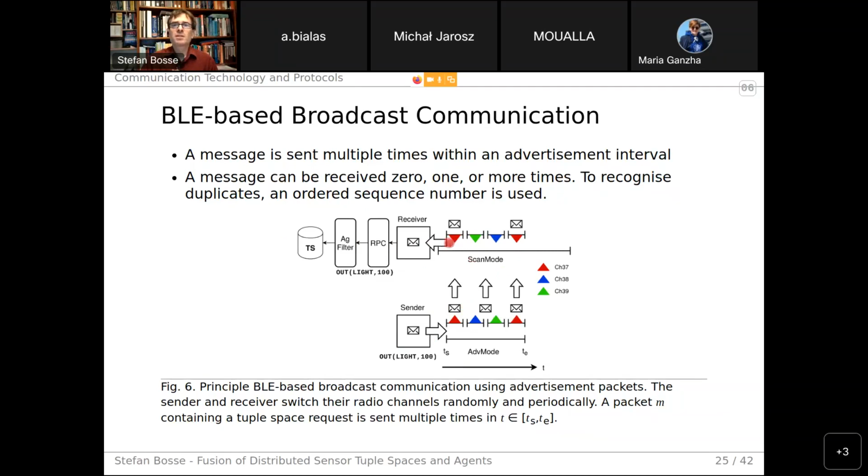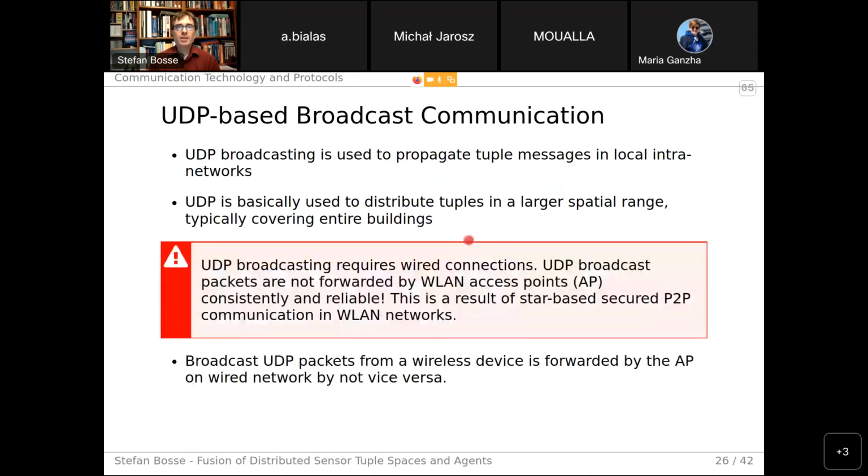And there's a chance that the receiver will receive this message. So it's a probabilistic communication. It's not reliable. It's just probabilistic. There's a probability that the receiver will receive the message which was sent by the sender. And of course, all devices in the communication range can receive these messages.